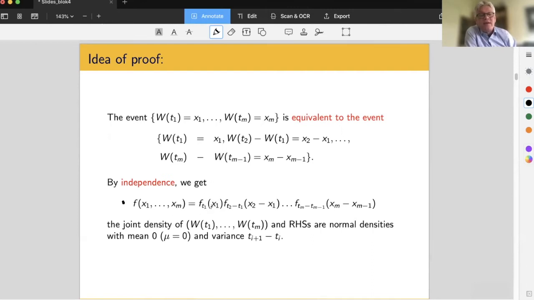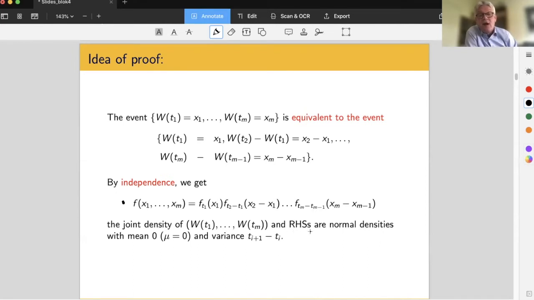We write it like f_t1(x1), related to this event here, times, because of independence, f with subscript t2 minus t1 and argument x2 minus x1, up to f_tm minus tm-1 with argument xm minus xm-1. This is then the joint density of W_t1 up to W_tm.